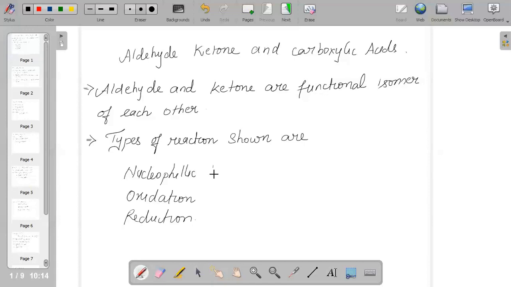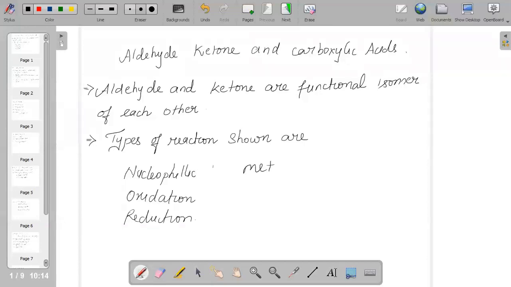From all the members, formaldehyde will show this reaction most easily because it does not have any alkyl group, that is, any electron releasing group. For example, if we compare formaldehyde, ethanal and ketone, or propanone, the order of their nucleophilic addition reaction will go in this way.